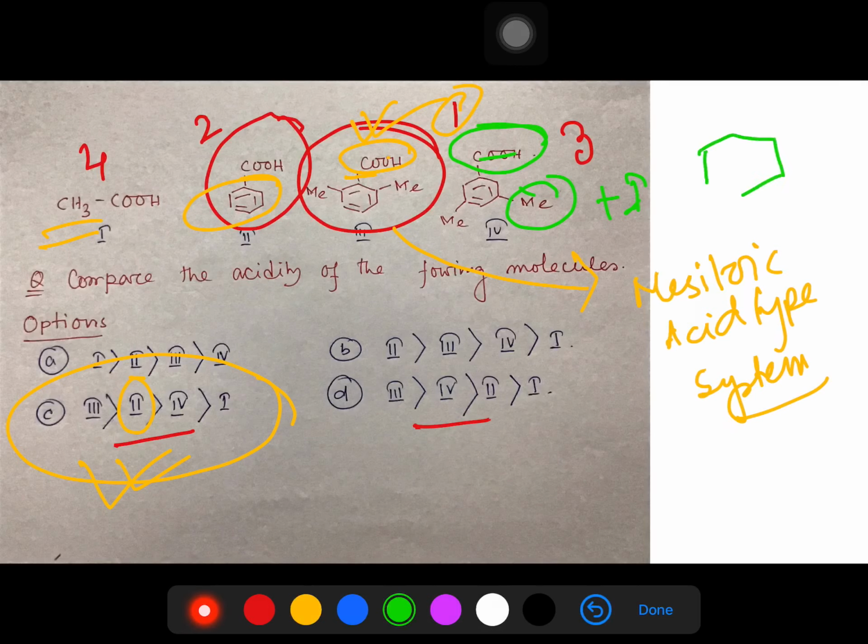What do I mean by the statement? This COO minus, because this O minus is electron rich, it will not like to have it, consequently it is relatively less interested to release proton. Now acetic acid has a plus I effect, so less. And by the way, some important data you must know, for example pKa of acetic acid 4.7, such kind of thing you must know. So this is the overall description of this problem.